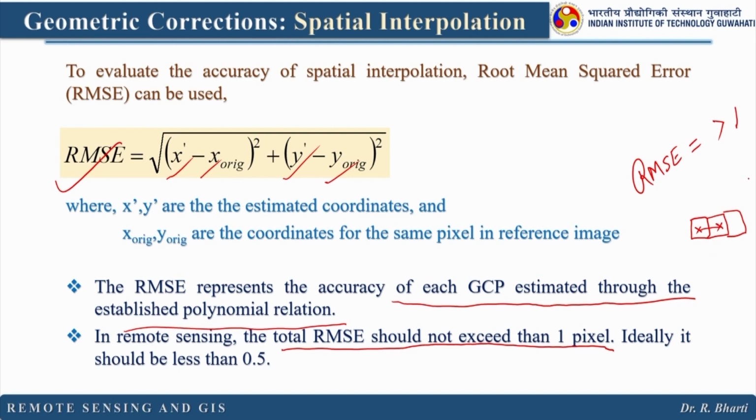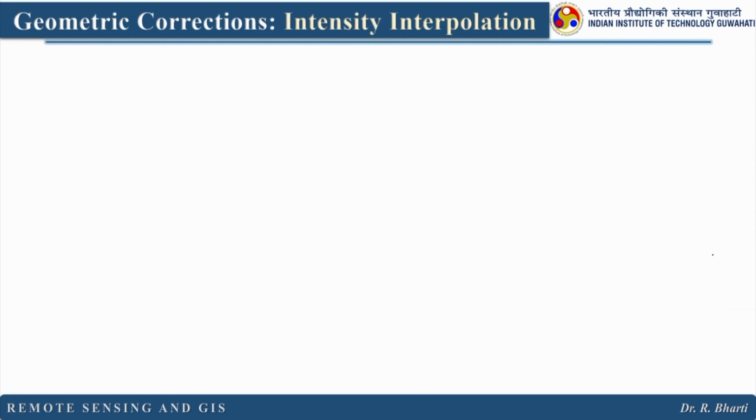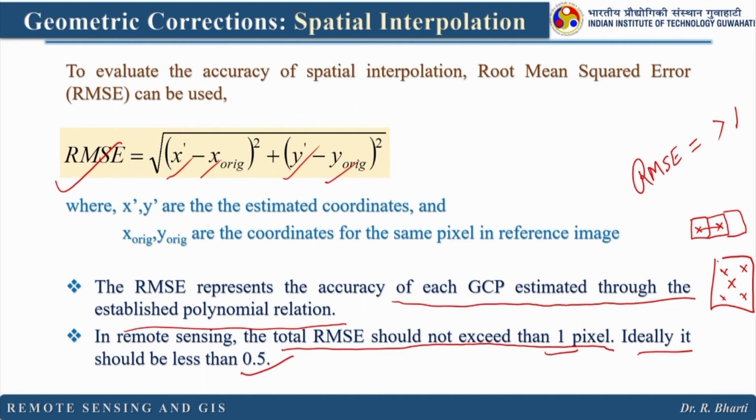So, it is a thumb rule that it should be less than 1 and ideally it should be less than 0.5. If it is 0.5, that means the object which was supposed to be in the center, because of some error got shifted to this or this or this or this location, but at least it will remain within that particular location, right. So, that is the advantage when you have the RMSE less than 1.